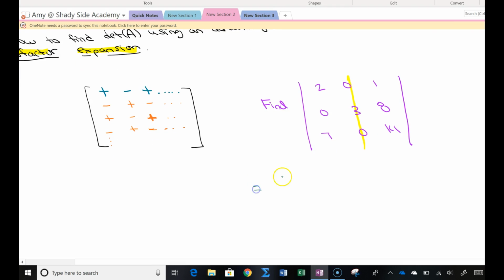This is going to equal, remember, it's minus, plus, minus for down column 2. So it becomes 0 times the remaining 2 by 2. Let's write it out so we know what it is. You cross out the row and the column of the 0, times this determinant.